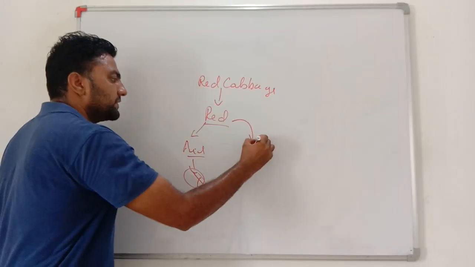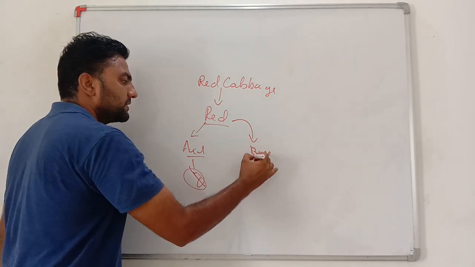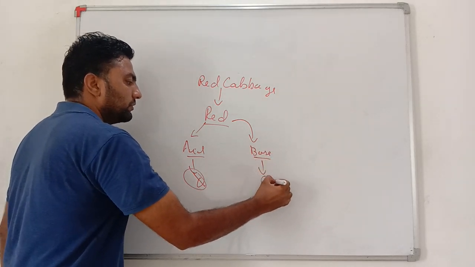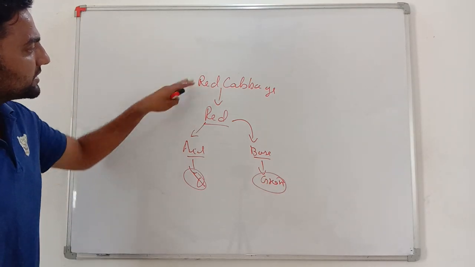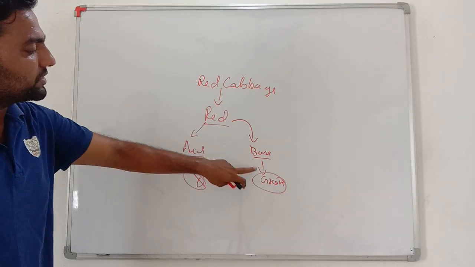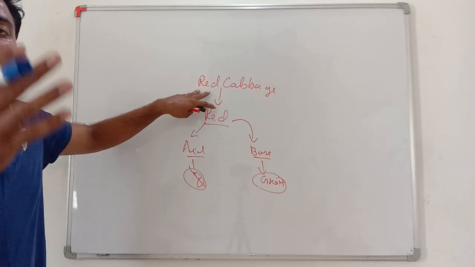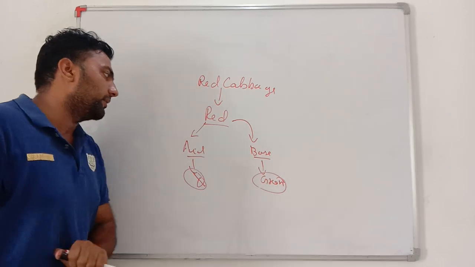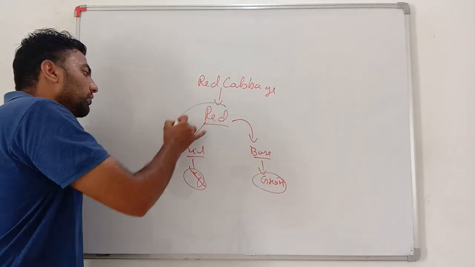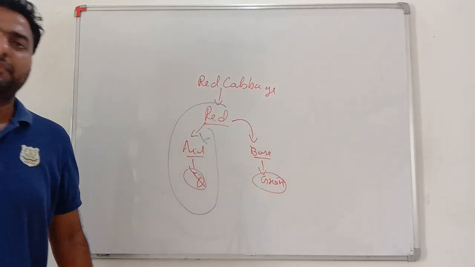But if you put this thing in base, this converts into green color. See my dear students, China rose extract was also red in color and in base it was green, and red cabbage extract is also red in color and in base it is giving green color. But you can see it shows no effect for acid.